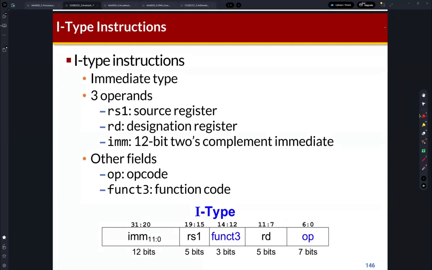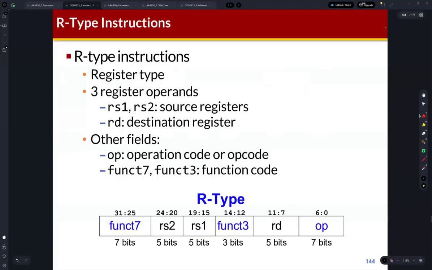We learned about the R-type instruction, which includes 3 register operands, and we learned how these R-type instructions are encoded into machine code. The machine code includes only binary numbers, and based on these rules we can encode the RISC-V assembly instructions.